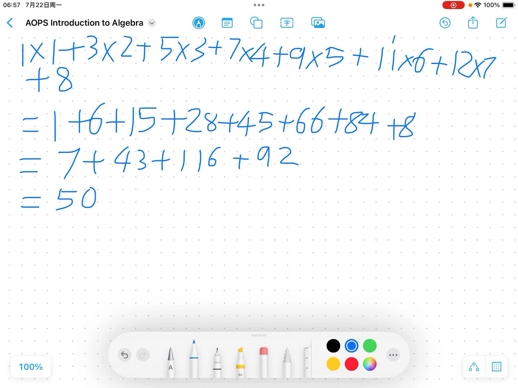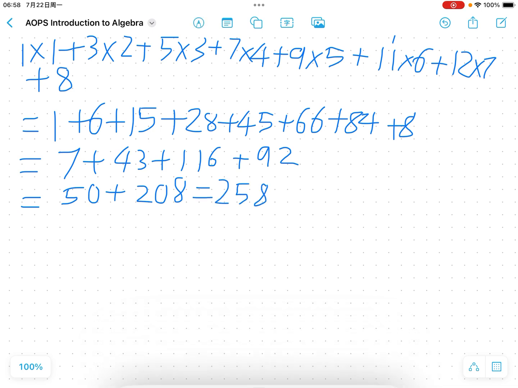Therefore, we have 50 plus 208. Wait, so this gives us 250 plus 208, which gives us 258.